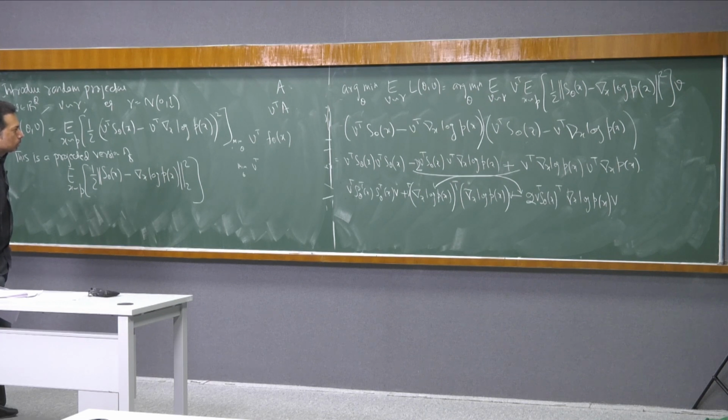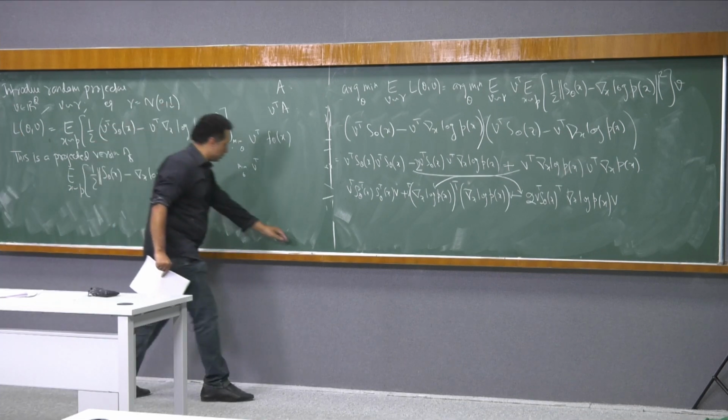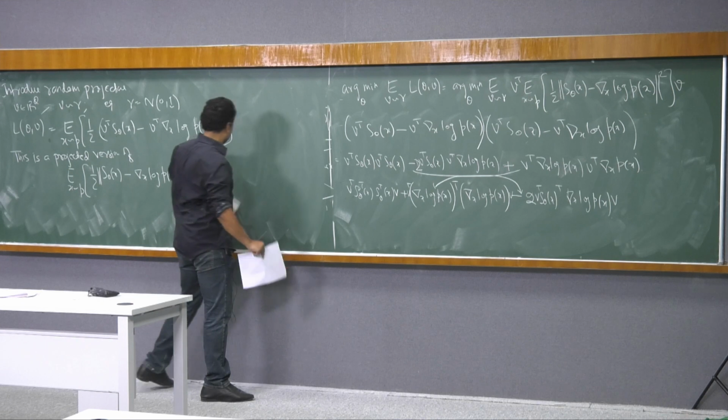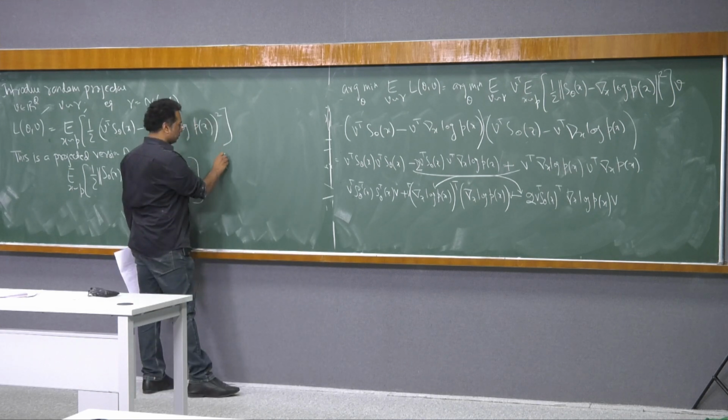Minus 2 v transpose s theta x transpose grad x log px v. All the terms are there, but can we say they are equal? What do you think? Sometimes the inner product view also helps.